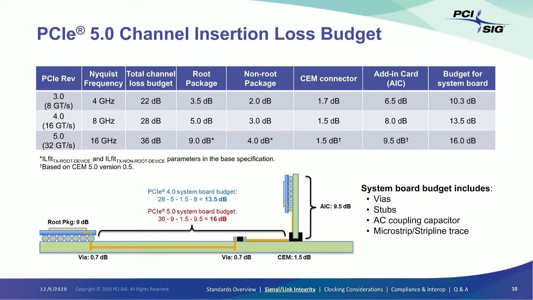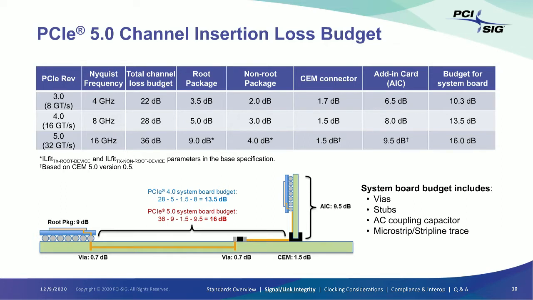Non-root port packages, such as endpoints or even retimers, are allocated 4 dB. And then if you were to subtract that from the 36 dB budget, you basically have 23 dB left over for the passive interconnect between the root port and the non-root port, the endpoint.